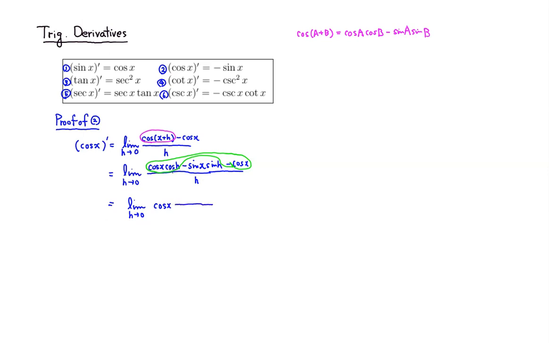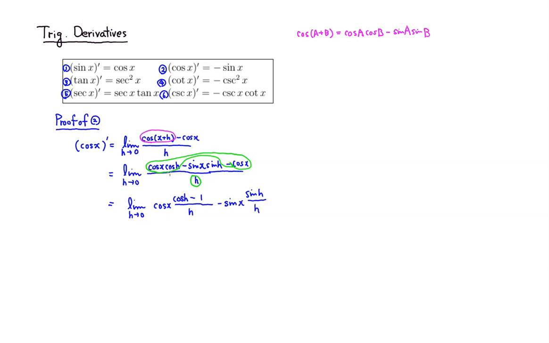What's left is cosine of h minus 1, and you still have h on the bottom. Then what's left is minus sine of x times sine of h, and we still have to divide by h.